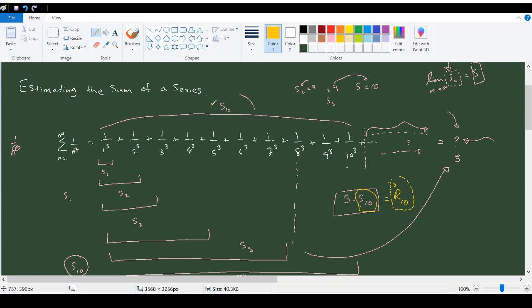So we can find an exact answer for this one, but we cannot find from a calculator the answer for the addition of infinite terms. So we cannot calculate the exact answer for the remainder.